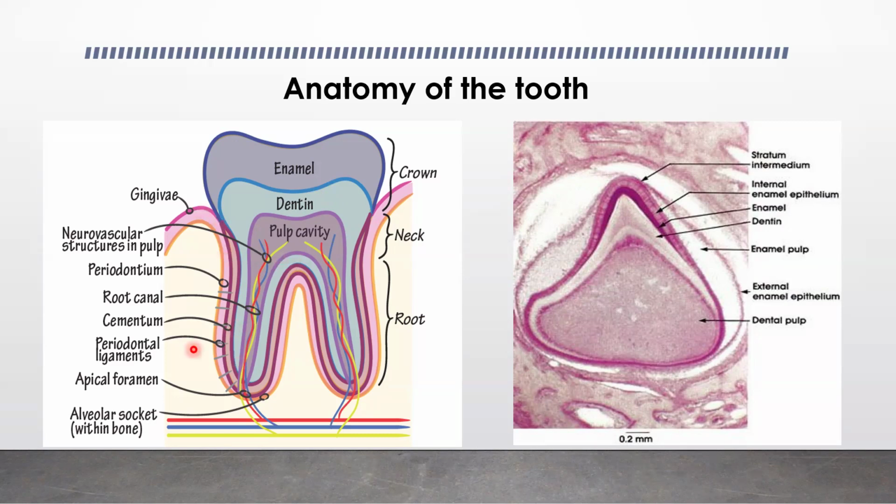These ligaments will be attaching now the gingiva, the gums, to the tooth. And then, of course, now we'll have the periodontum, you can appreciate here, and then the cementum now attaching the teeth to the bone. Anything else?